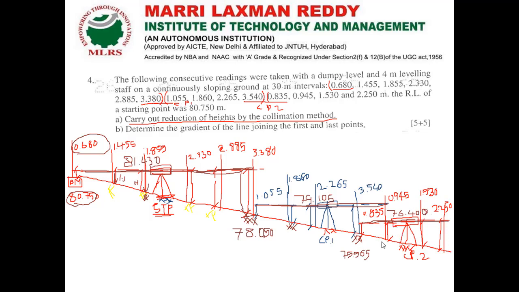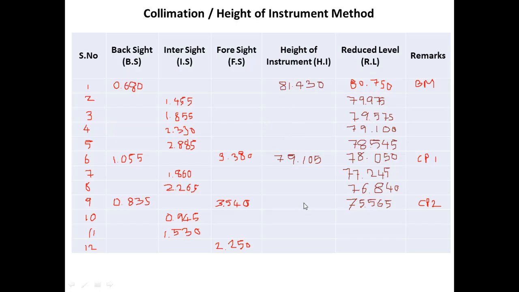Now if I need this RL, how can I get it? This 76.400 minus this height. If I deduct this, I can get it. So 76.400 minus 0.945 gives the answer of 75.455.